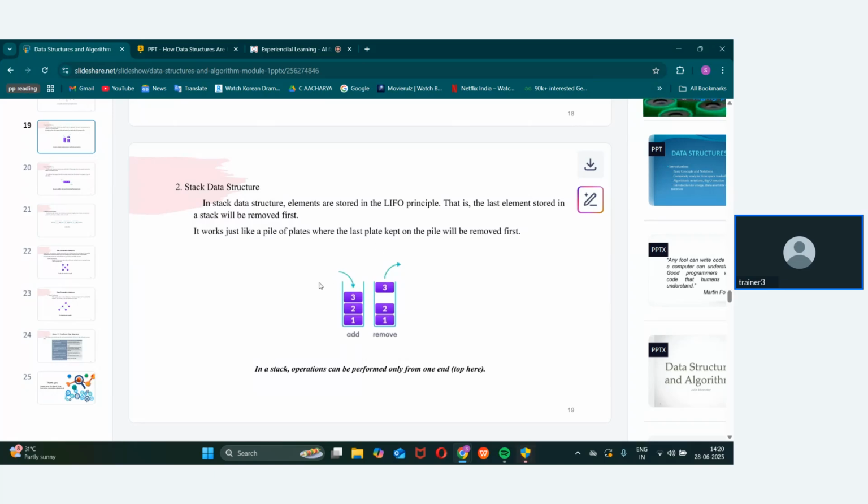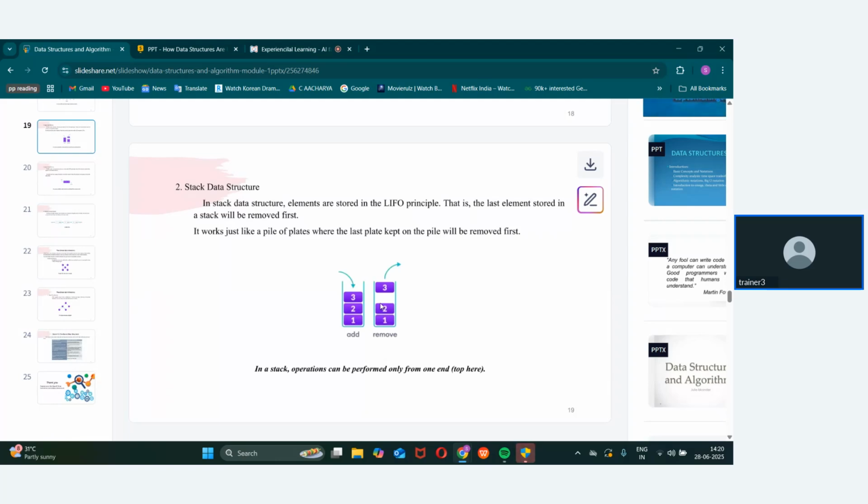Last in. 3 is the element that went in last. This last in element will be the element that is first out, like the last in, first out principle.